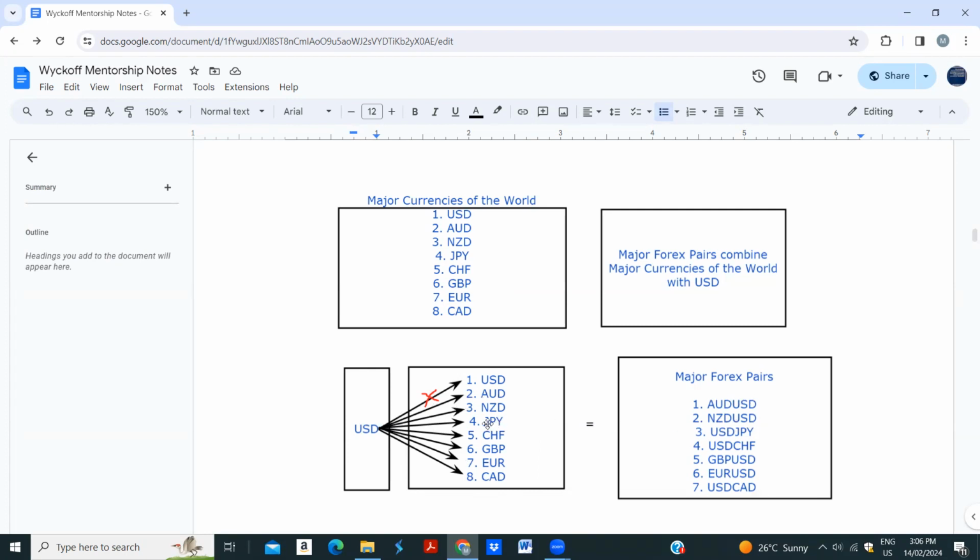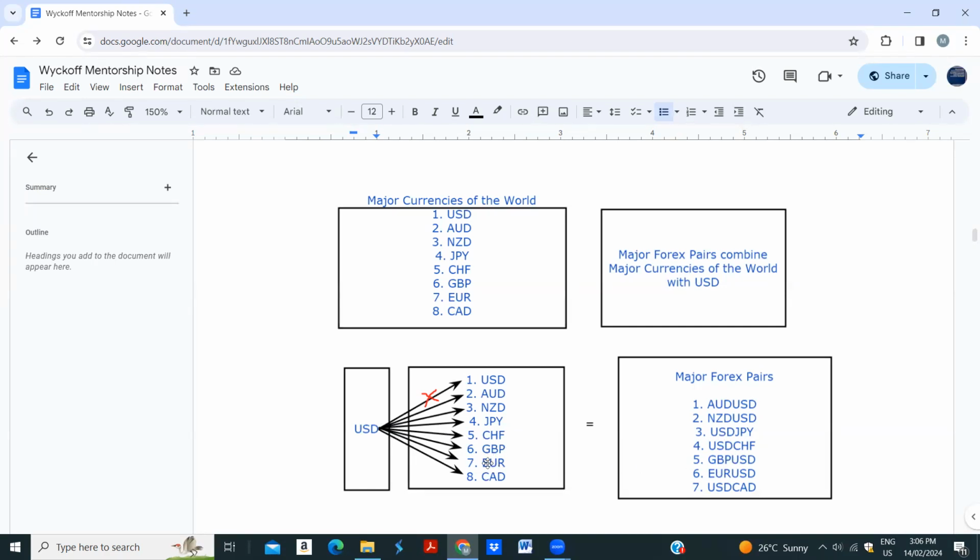Now JPY, which is Japanese yen, combined with the US dollar will become USD JPY. Similarly, when USD and CHF combine, they will become USD CHF. When the British pound and USD combine, they will become British pound US dollar.